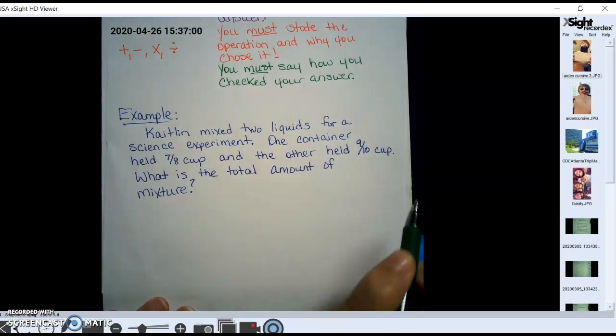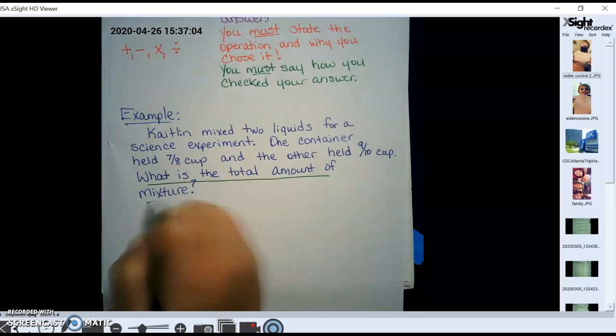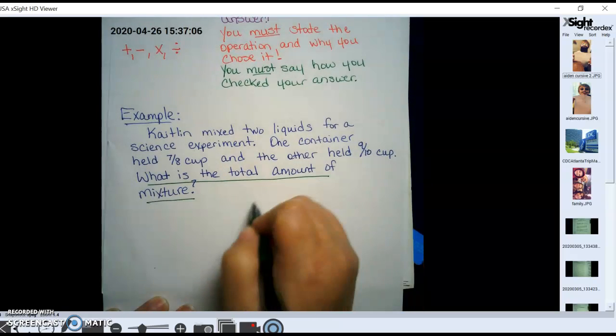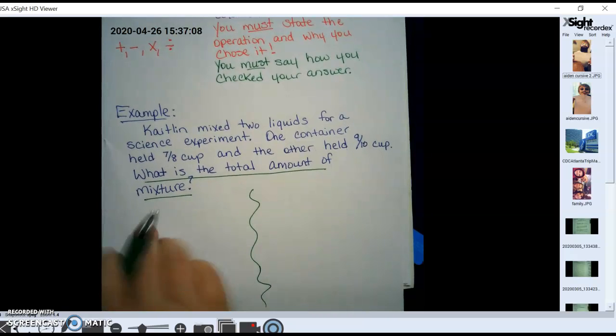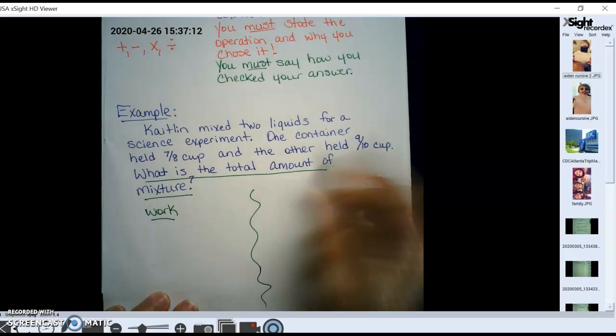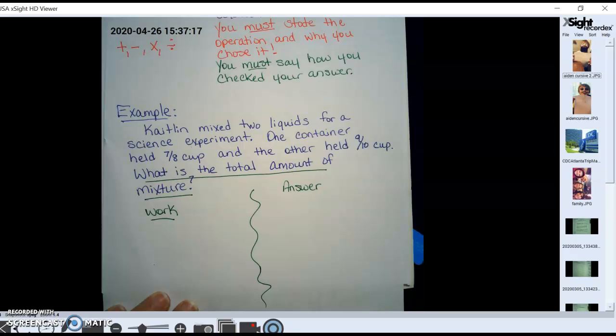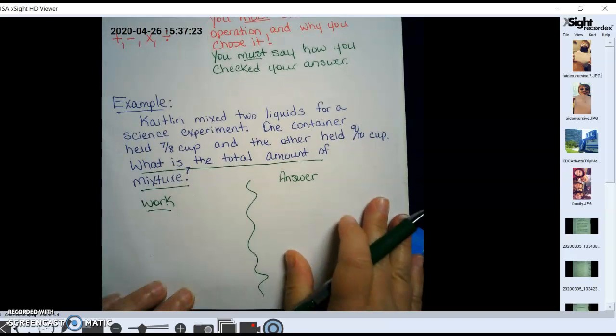So the first thing we do is we turn this question into an answer sentence. And I can go ahead, I'm going to put my answer over here and do my work here. I'm going to show my work here, and then this is going to be my answer. Obviously, in a Microsoft form, you cannot show me your actual work, but I do want to see that your work's reflected in your answers.